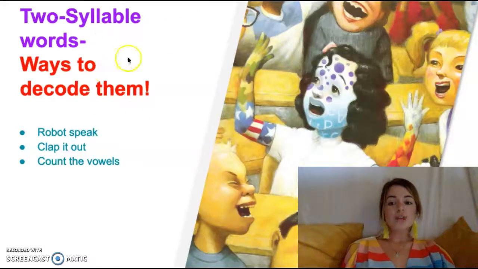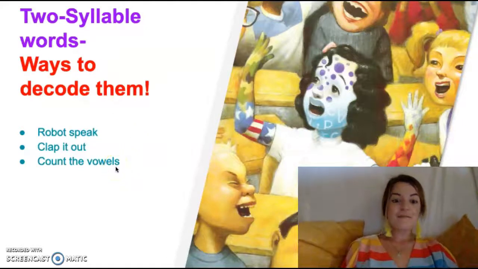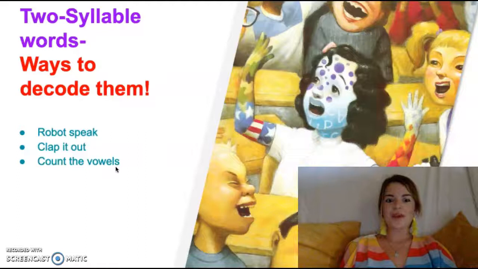We're also going to go over some strategies on how to decode them. Decode is kind of a fancy word for saying figure it out or get to the bottom of something. So think of ourselves as spies, and we're trying to figure out how and where a word gets broken up into syllables.